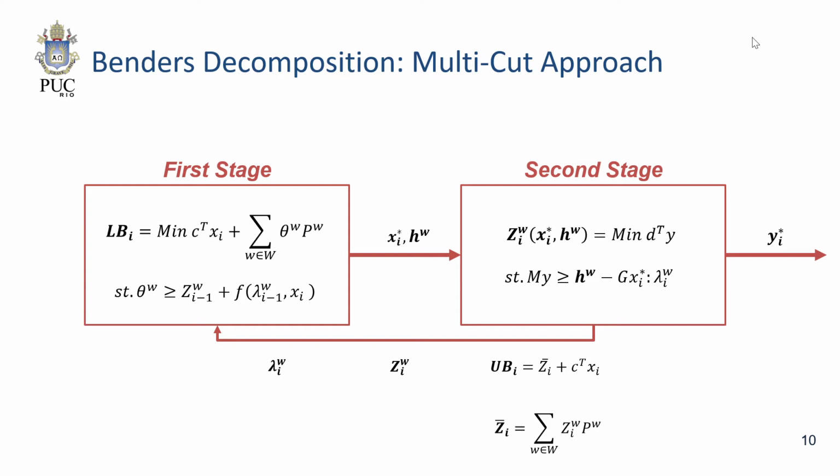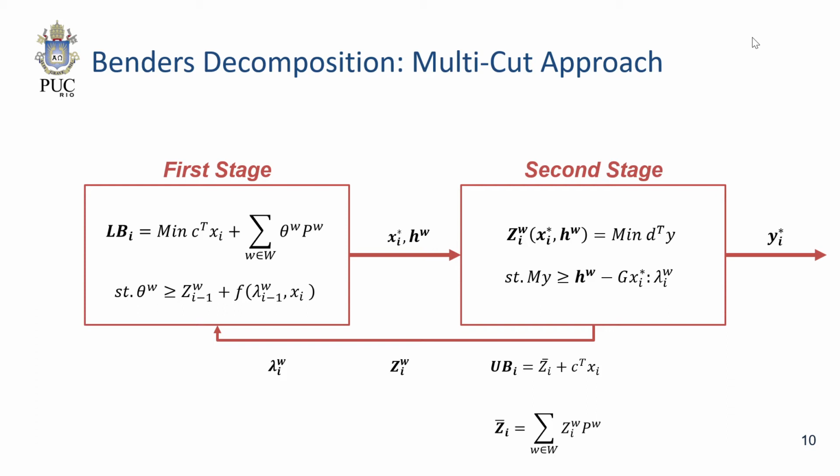So that's the idea. But the bad side of this is that you have an even bigger problem as the first stage. So if you have, for example, 200 scenarios that you're contemplating, for every iteration you're sending back from the second stage to the first stage 200 scenarios.